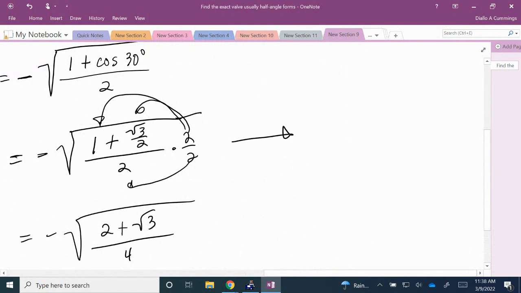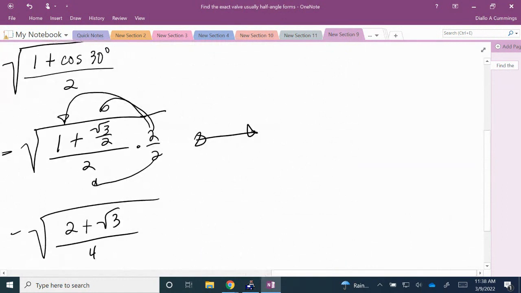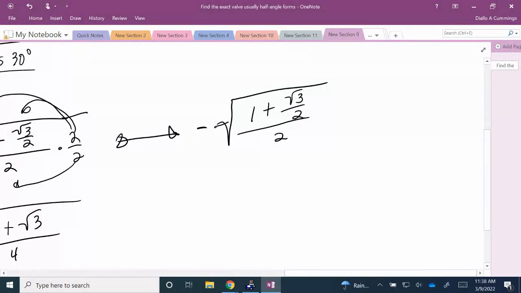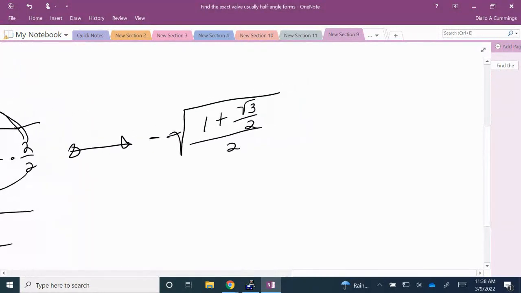So I'm actually going to take it from this step here. So this was negative times the square root of 1 plus the square root of 3 over 2, all over 2. They left everything in the square root, just to show the solution that they're getting.